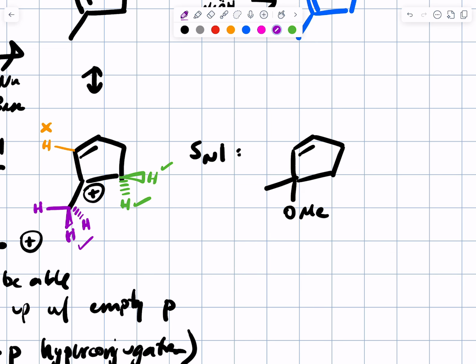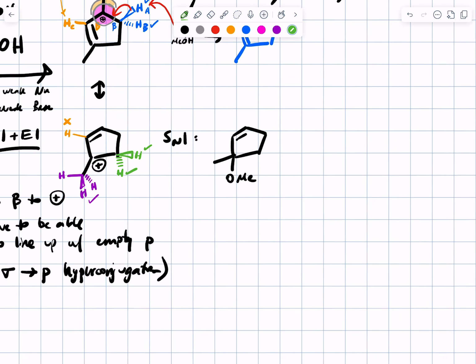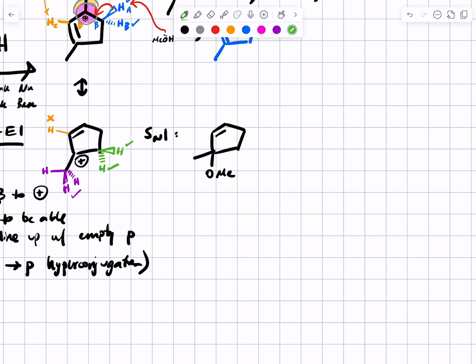Of course, as long as one of them can, then you get the product, and there's only one elimination product possible there. So I'll draw the 2 elimination products you would expect from this intermediate. Here's the green one, and then here's the purple one.